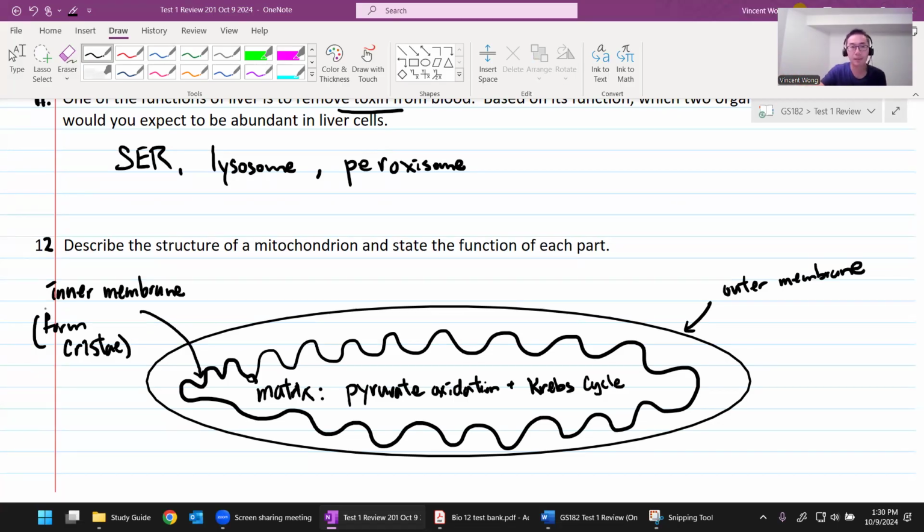You want to have more places to pack these purple proteins in it, right? What are these purple proteins? What do we call them? You have thousands and hundreds of these things. What do we call them?